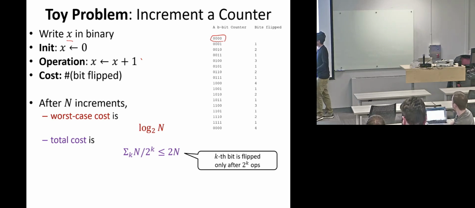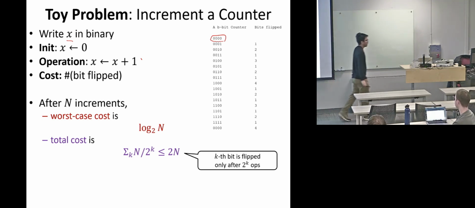There are n operations, and the kth bit will be flipped only after 2 to the k time steps. Then you just sum the cost that you pay for each bit. Here you can see that this sum is a geometric sum that sums to 2n. So that's the total cost.